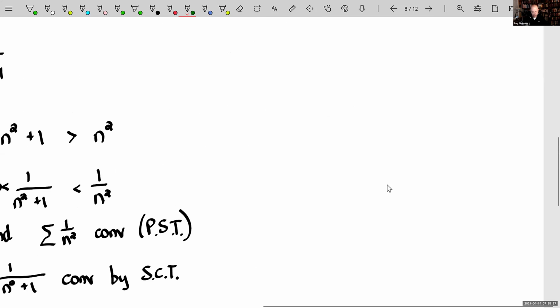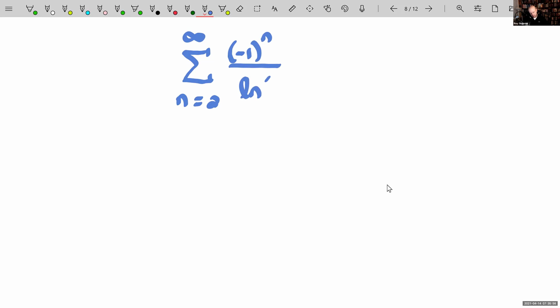So let's go ahead and pretend, and I'll do this in a different ink so that it's completely different. Determine the convergence or divergence of the following series. The sum from n equals 2 to infinity of negative 1 to the nth power over the natural log of n.